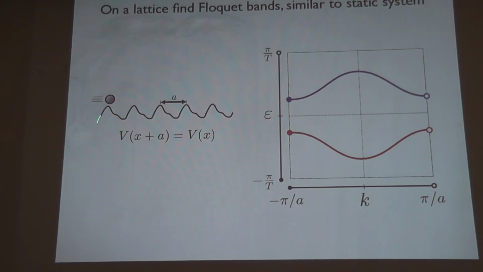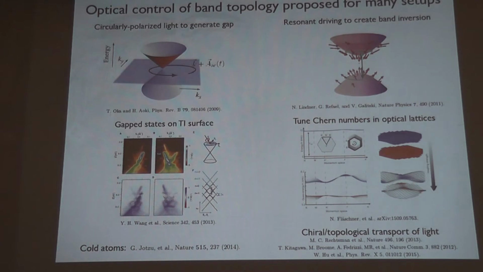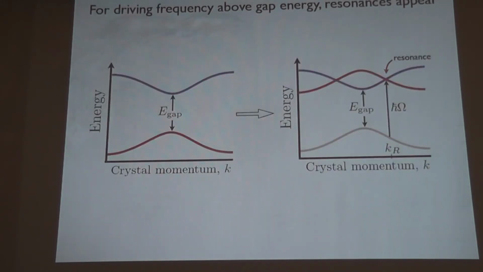So now suppose I have this 2-band system, and I start driving on top of it. So there are many proposals, which we can discuss, for manipulating band structure and topology of bands and so forth in such systems through time-dependent driving. And the basic idea, just like we showed at the very beginning, that's why I went through those simple examples, was, suppose I imagine this rotating field, suppose I can apply that to this crystal, whatever that means.